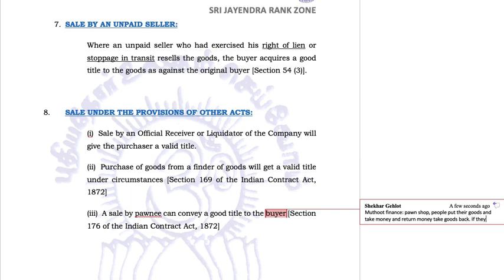If they could not pay the money back, the pawn shop owner, who is known as the pawnee, can sell the goods. So he can convey a good title to the buyer.